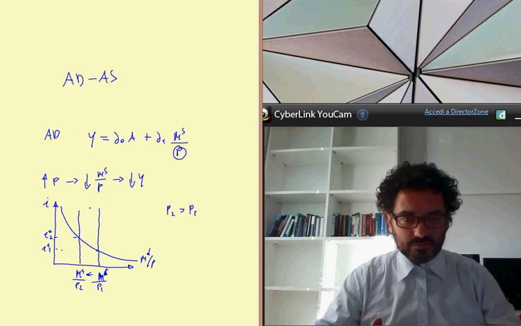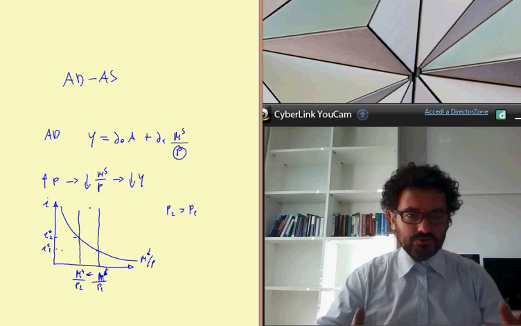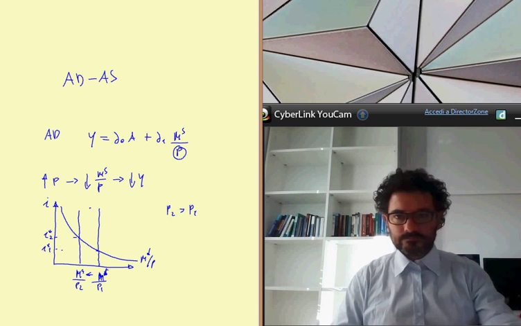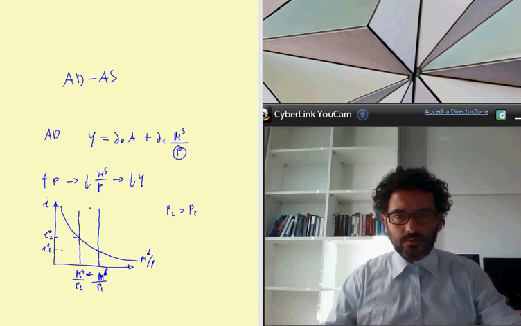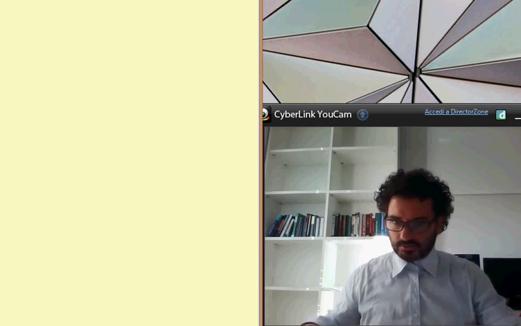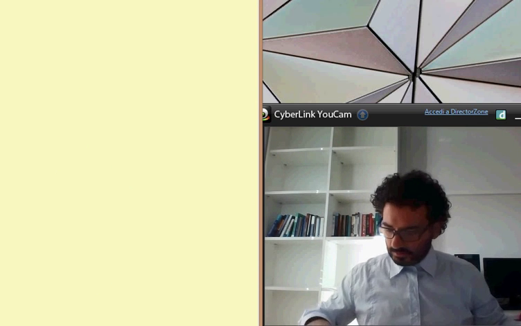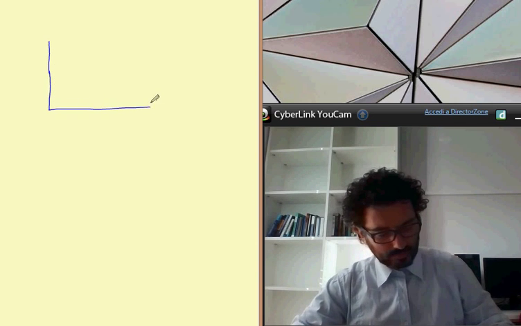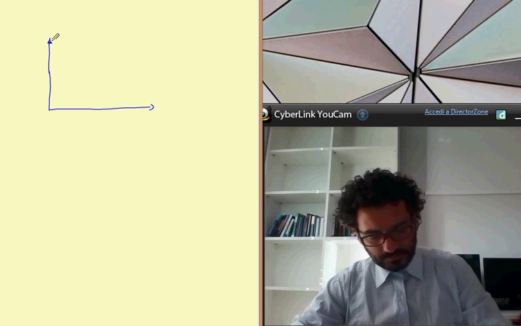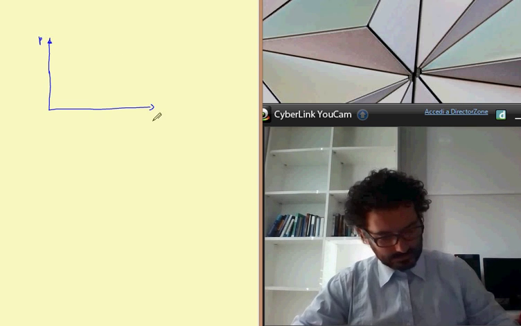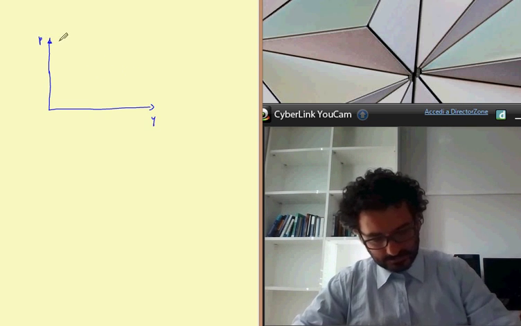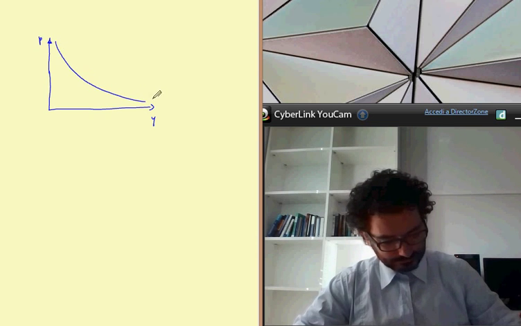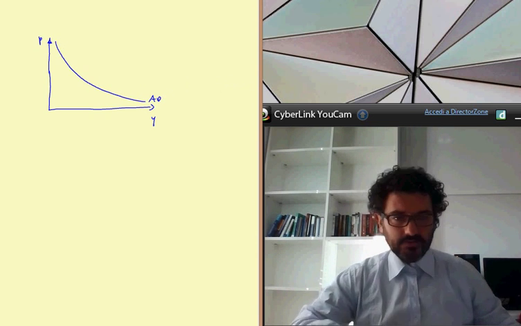Okay, now we can represent this relation in the space in which the AD-AS model is represented. We have prices and income. The AD relation is a negative relation between GDP in equilibrium and prices.